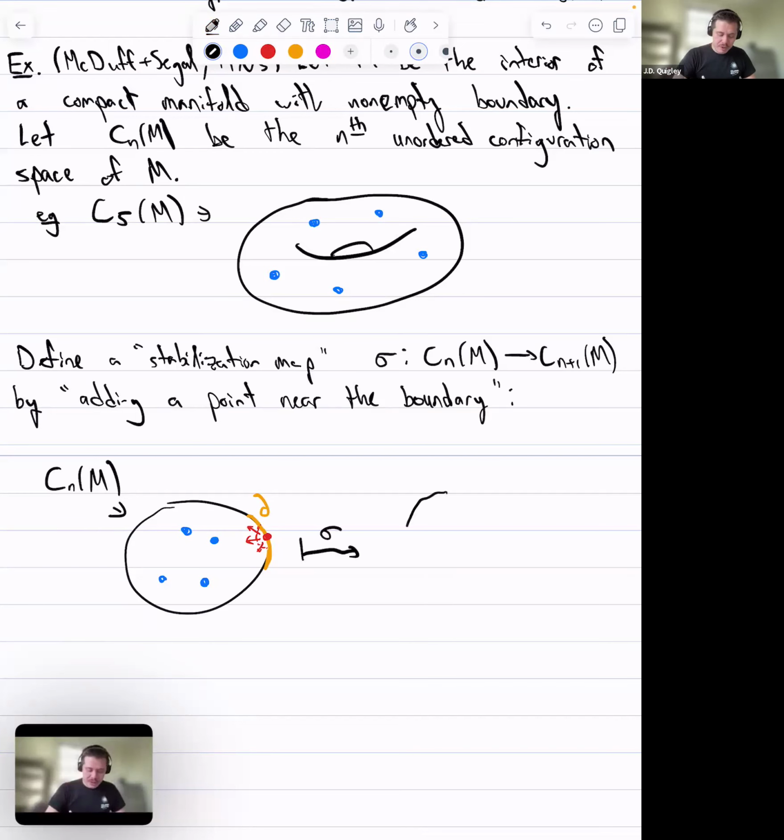And then once I've moved everything out of that little red neighborhood, I can put a new point inside of it. So my new configuration is going to look the same, except that in that little area, I put a new point. Okay, so this is now a configuration in C_{n+1} of M.